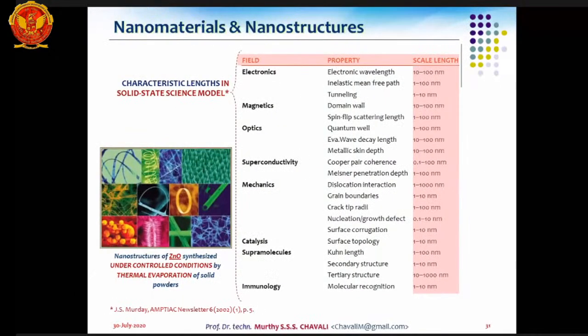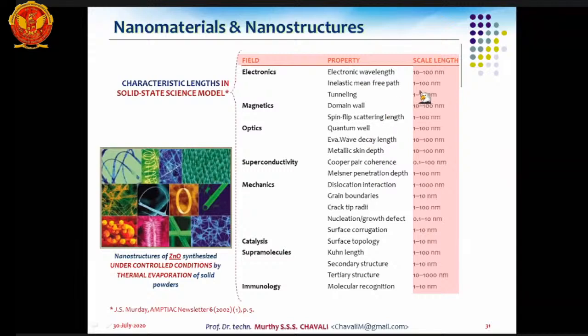So with these properties, we use these metal oxides and metals as dopants, and we prepare different things. The beauty of these nanoparticles, nanomaterials or nanostructures is that you can prepare them wisely if you understand what exactly you need and what exactly you need to show. For example, take different fields, from immunology to electronics, magnetics and optics, and take any property that has been enhanced only because of scale length modification.